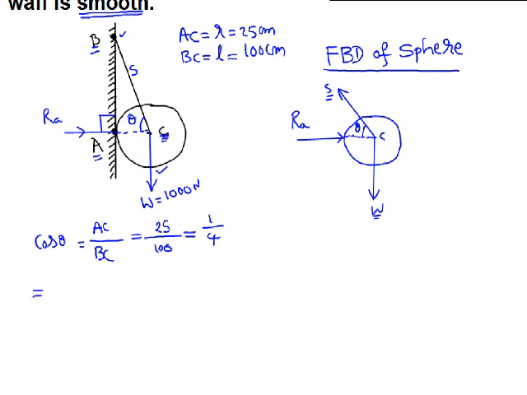That immediately implies sin theta, which is the square root of 1 minus cos squared theta, equal to the square root of 15 by 16.